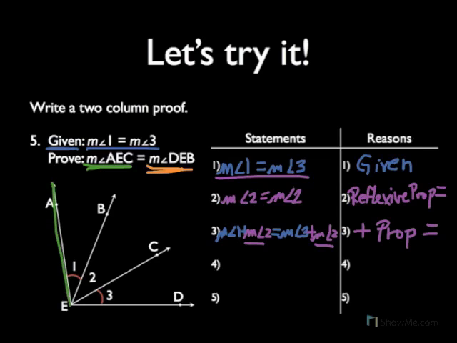Let's go back to see what we're looking at here. The measure of angle AEC is going to be angle 1 plus angle 2. They're 2 measures added together. So we can actually say that the measure of angle 1 plus the measure of angle 2 is equal to the measure of angle AEC.